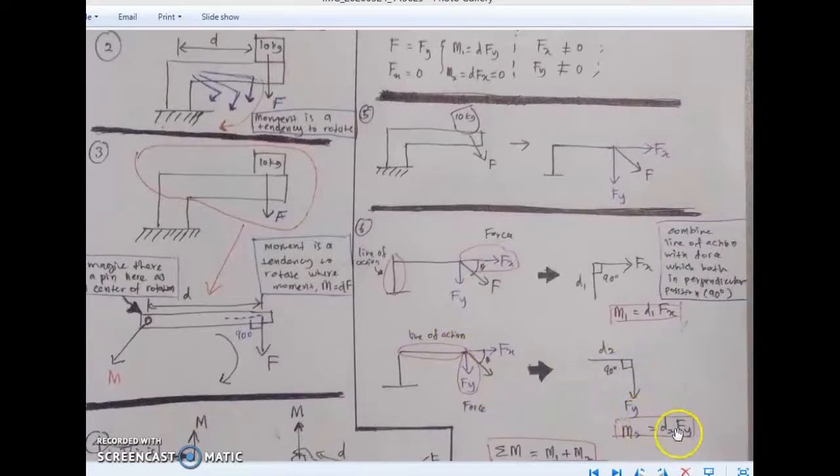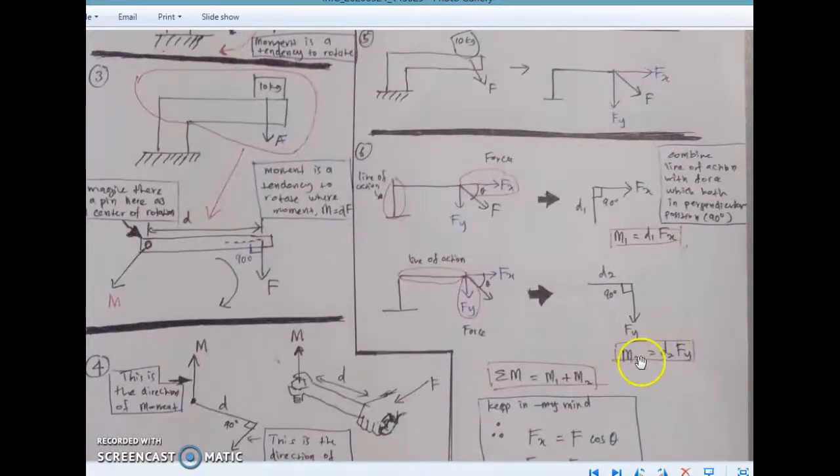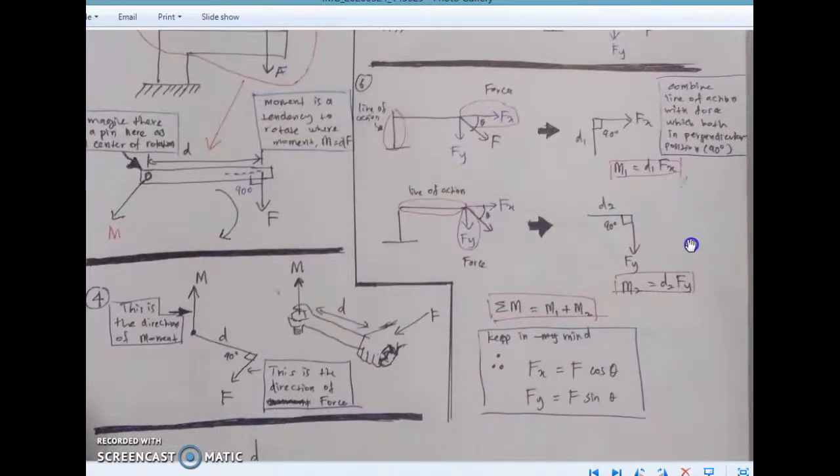So M2 is equal to D2 multiplied by Fy. When you total up the moments, you will get the moment for this system. But remember, before you multiply, Fx must be equal to F cos theta, and Fy is F sin theta.